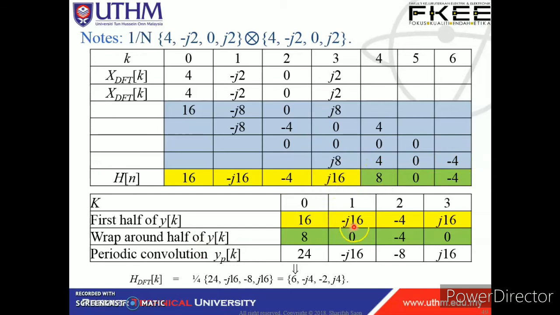So 16, negative j16, negative 4, j16, and then the second part, 8, 0, negative 4, 0. We add these two values and we will get 24, negative j16, negative 8, j16. And please remember, we need to divide by the number of samples, which is 4, and the final answer will be 6, negative j4, negative 2, j4.